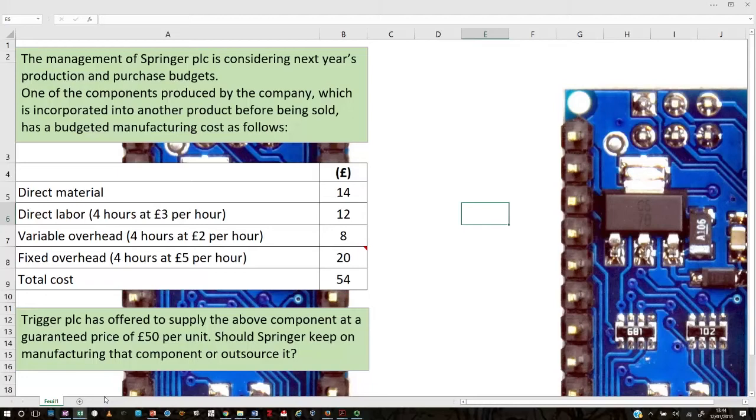That was the text. You have direct material, direct labor, variable overhead, and fixed overhead. Overhead are the cost of the structure. When you look at those costs, 3 of them are variable. Those 3 costs that you see here are variable.